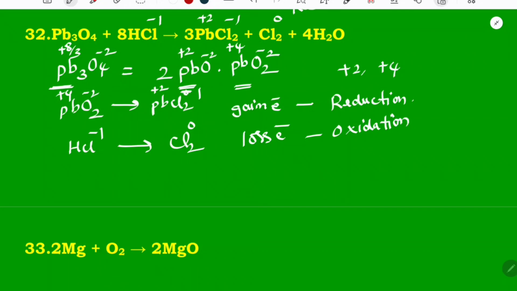Reduction and oxidation take place simultaneously in this reaction. That is why it is considered a redox reaction.